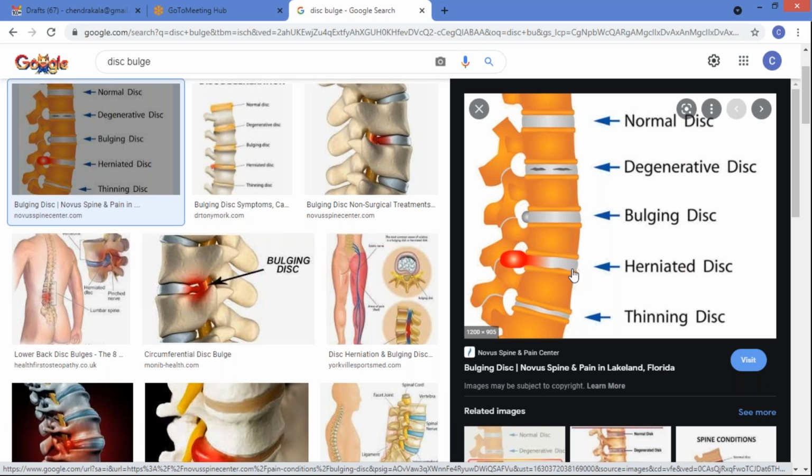The portion will start herniating again. Most people complain of back pain and leg pain even after surgery. The reason is the scar tissue formation, and people again show a reherniated disc.